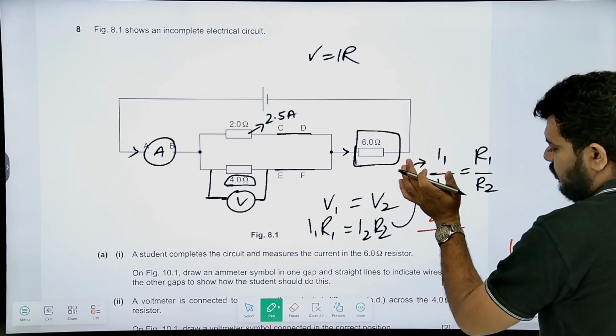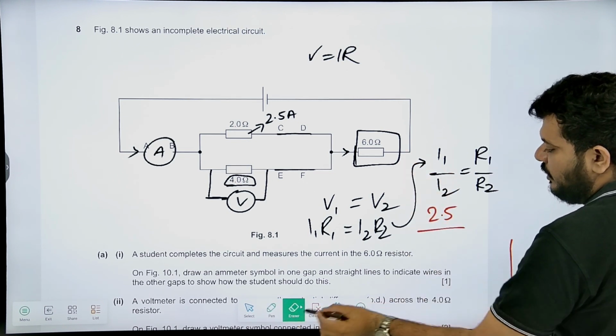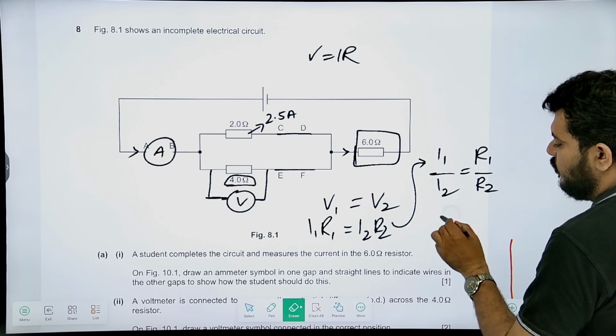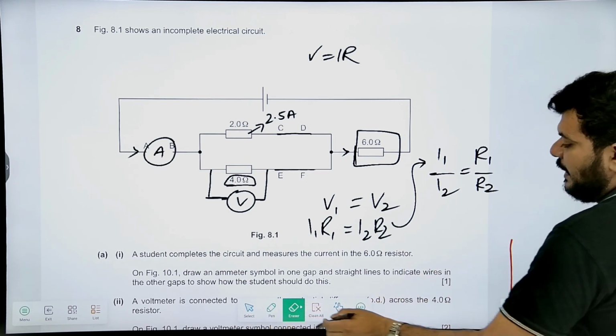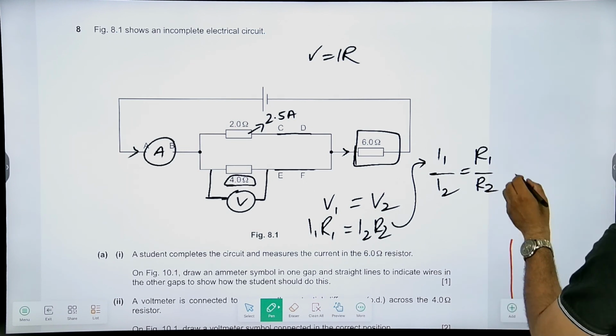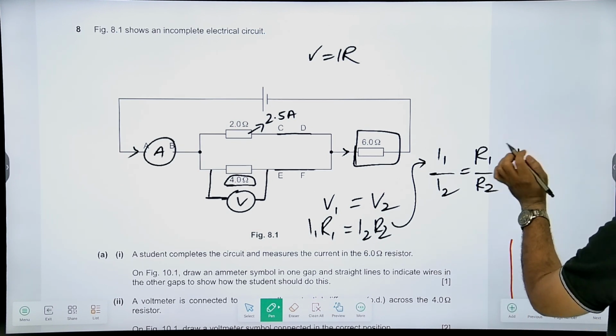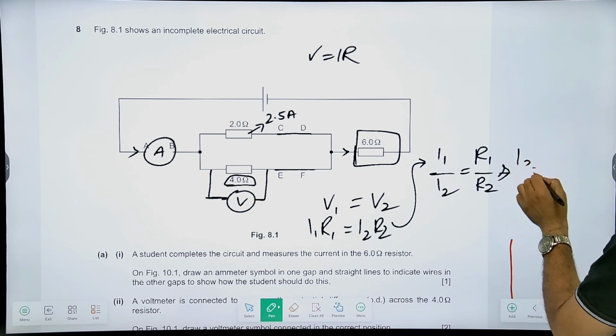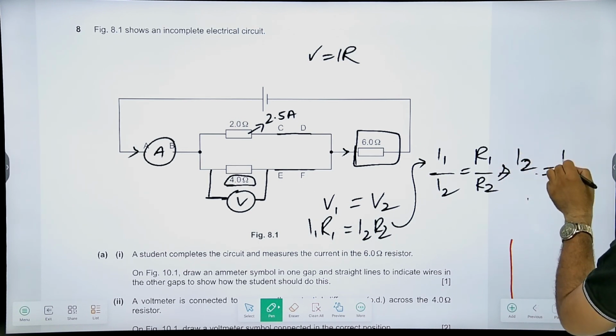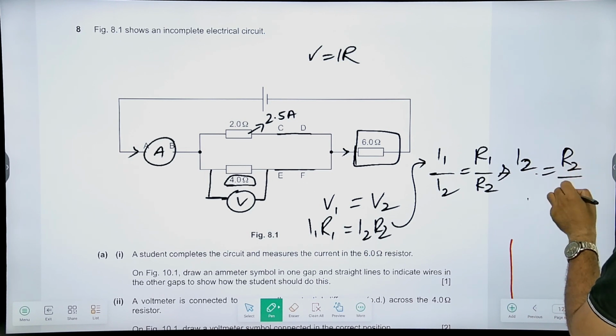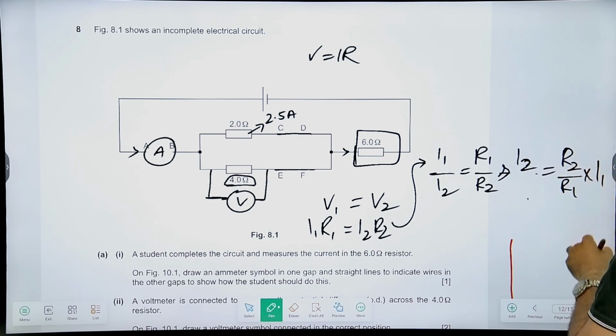So, wouldn't it be better if, before we add these values, I write over here that I2 is equal to R1 upon R2 into I1, right?